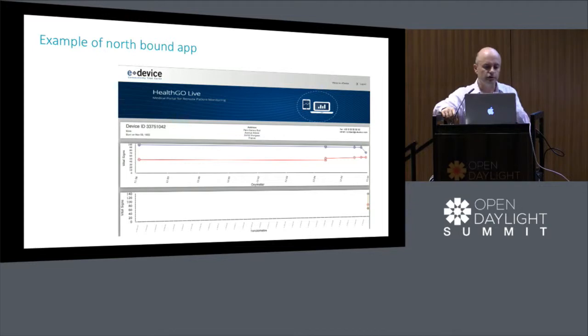With their solution, you basically put your finger into some sort of reader, and they report your tension and your blood pressure and those sorts of things. The gateway is connected to the little things over Zigbee and turns around, sends oneM2M messages back to OpenDaylight, and this dashboard has been created on top of that.